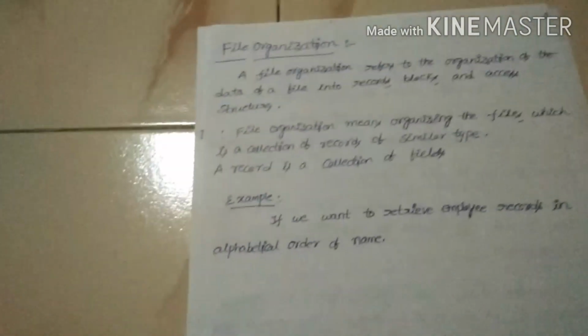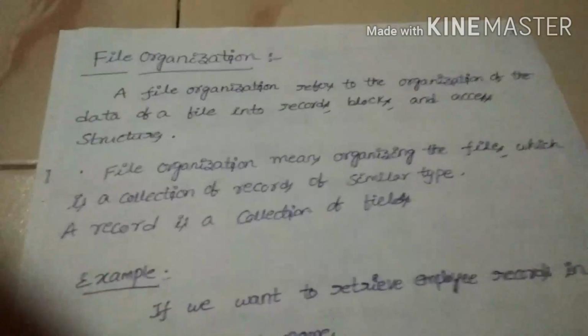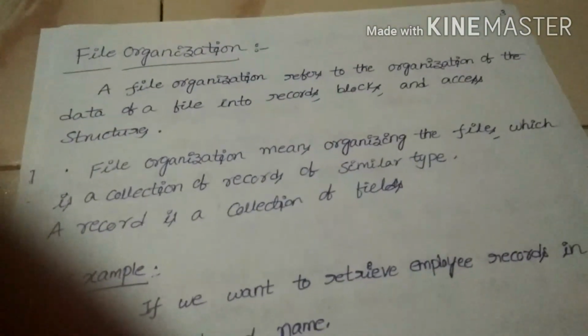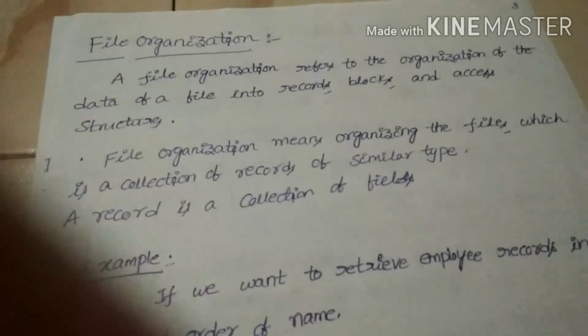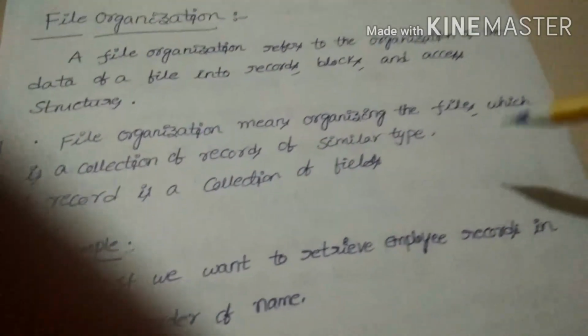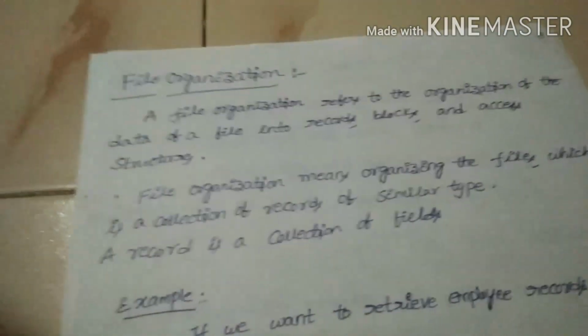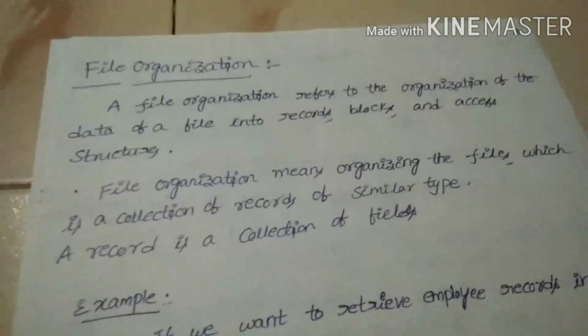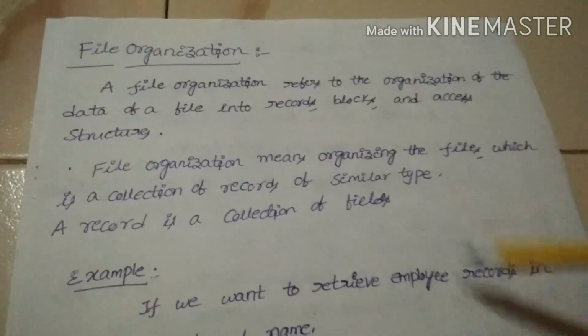Next topic is file organization. What is meant by file organization? File organization refers to the organization of the data of a file into records, blocks, and access structures.